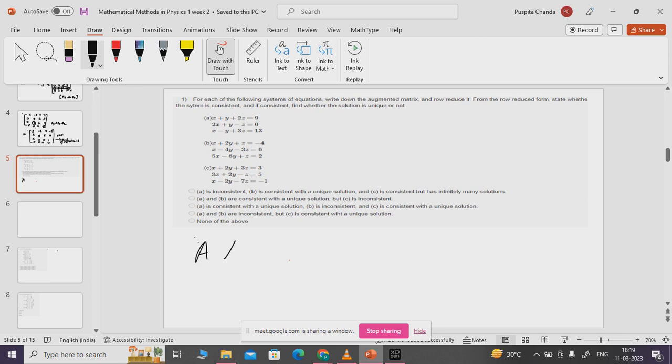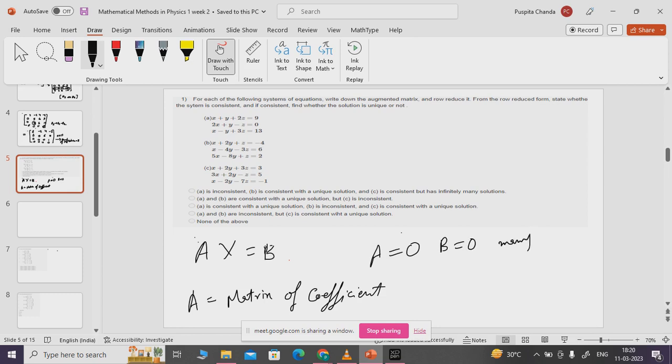If AX is equal to B, where A is the matrix of coefficients, then if A is equal to 0 and B is equal to 0, we have many solutions.